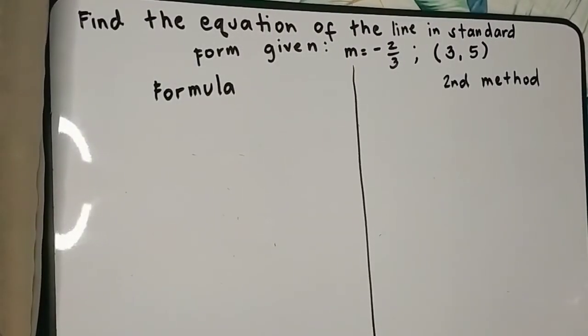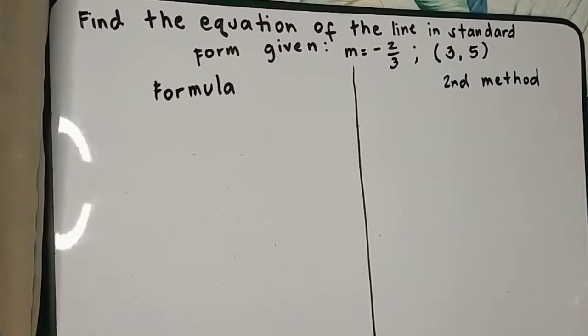Next example, find the equation of the line in standard form given m equals negative 2/3 and a point (3, 5). So again, we're going to use the point slope form because the given is a point and a slope. So dalawang way yung ipapakita natin sa pag-solve, again using the formula and the second method.